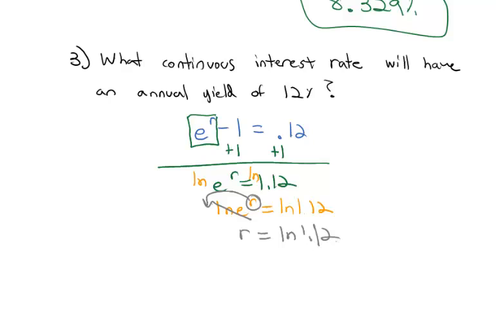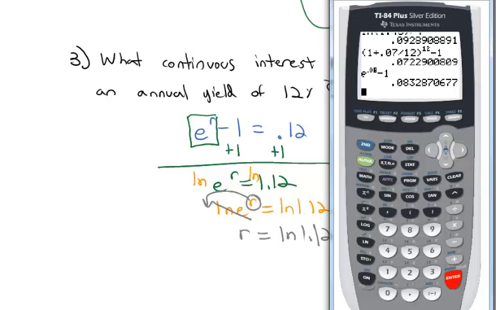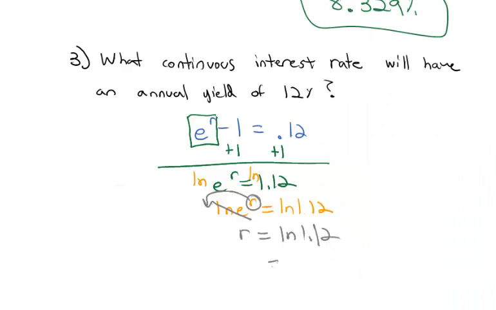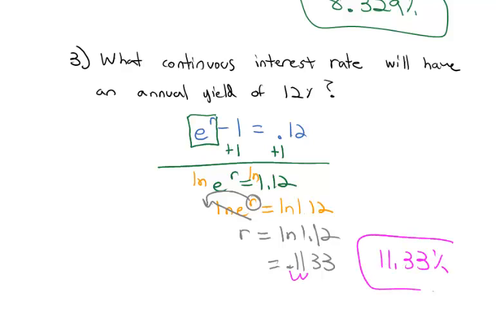On the calculator, the natural log of 1.12 is 0.1133. Or if you move the decimal point twice, 11.33%. An 11.33% interest rate, compounded continuously, will become an annual yield of 12%.